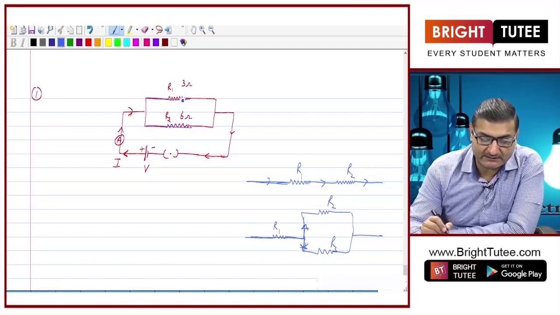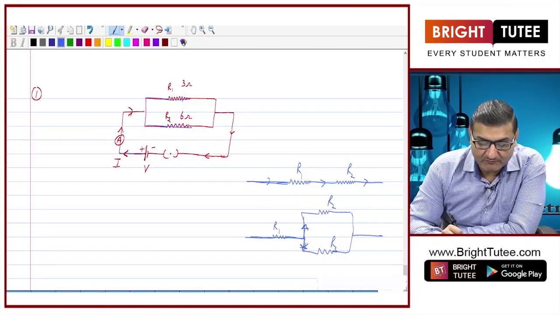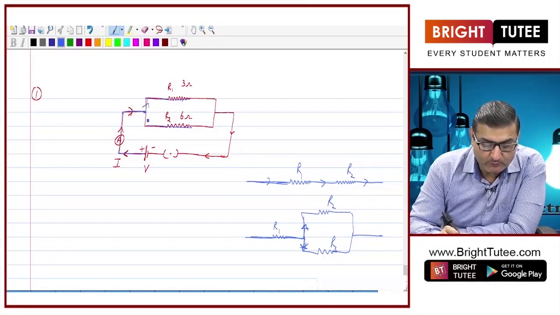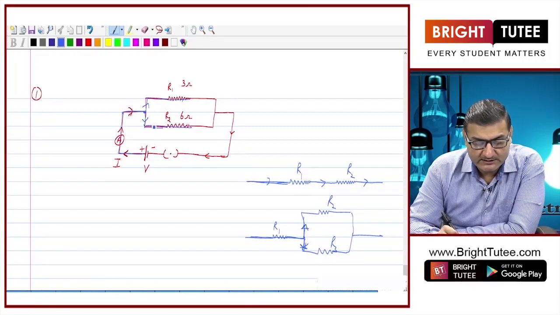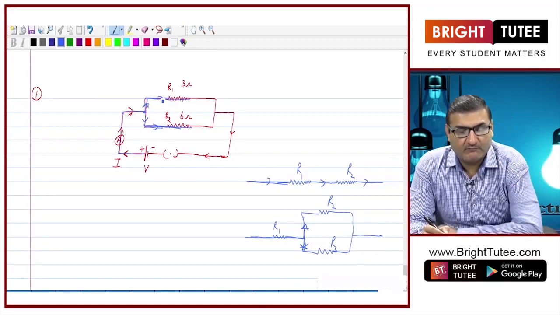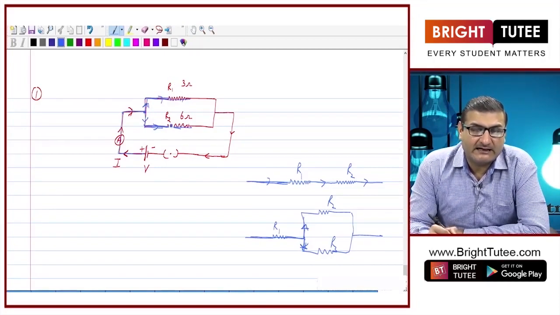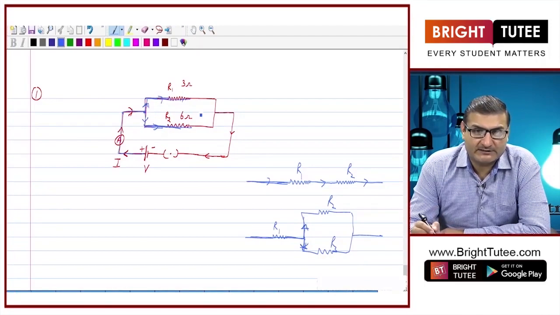Just like in this particular case, when the current was flowing from here, when it came at this juncture, there are two possible directions of paths. One is downwards, which will be going through R2, and another is upward, which will be going through R1. So, we conclude that R1 and R2 are in parallel combination.